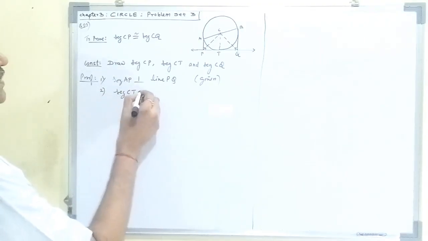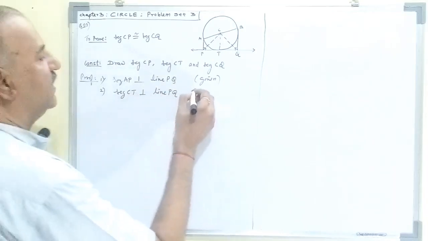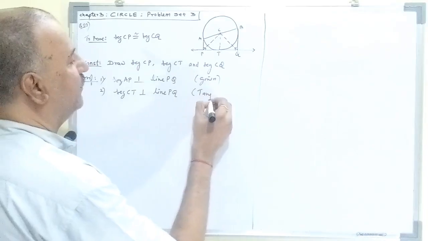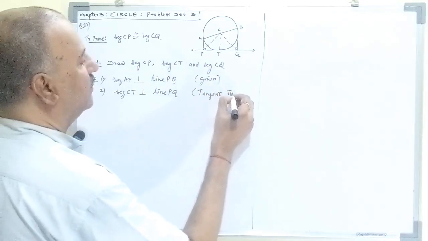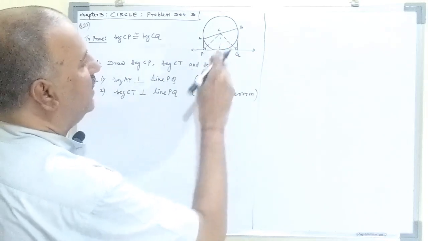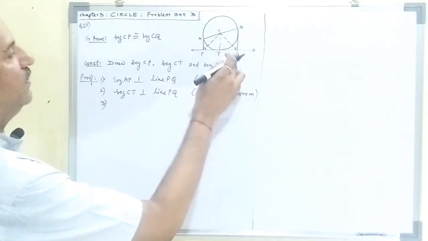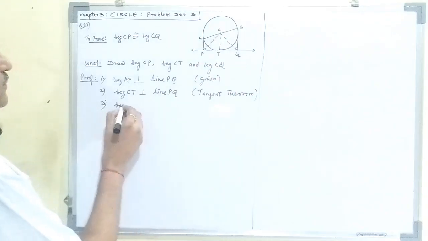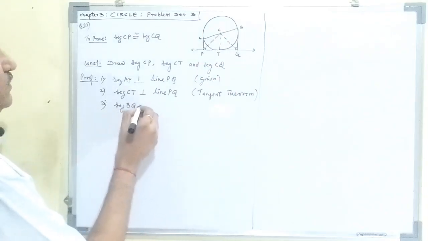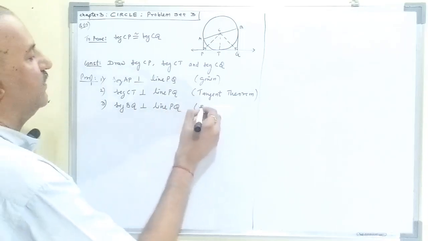Okay. Statement number 2 देखो seg CT perpendicular to line PQ. This is by tangent theorem, because tangent and radius always perpendicular each other. Statement number 3 देखो ये BQ, seg BQ perpendicular to line PQ. This also is given.